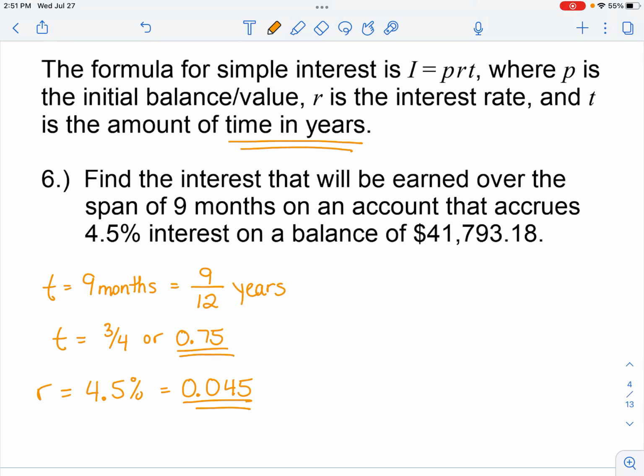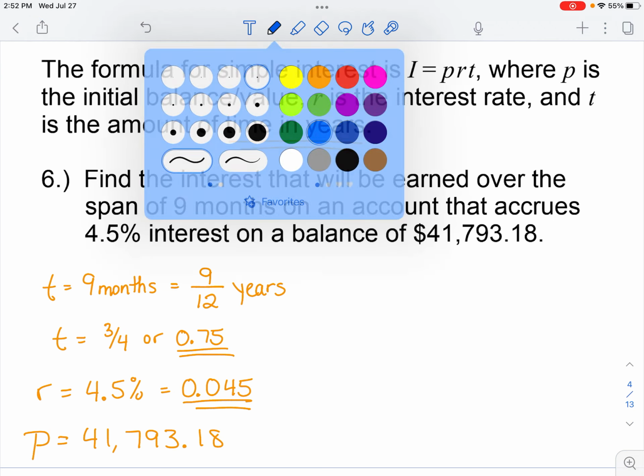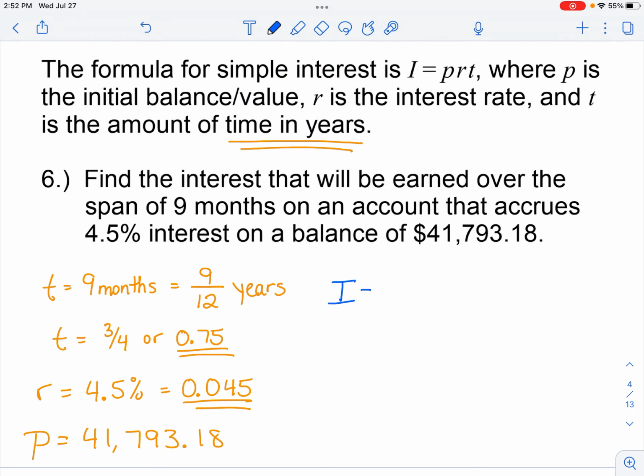And the interest is going to be earned on the balance of, so the principal balance, the starting balance, is $41,793.18. So to get an answer here, we're going to do interest is equal to the principal value, $41,793.18, times the interest rate, 0.045, times the amount of time in years, 0.75.